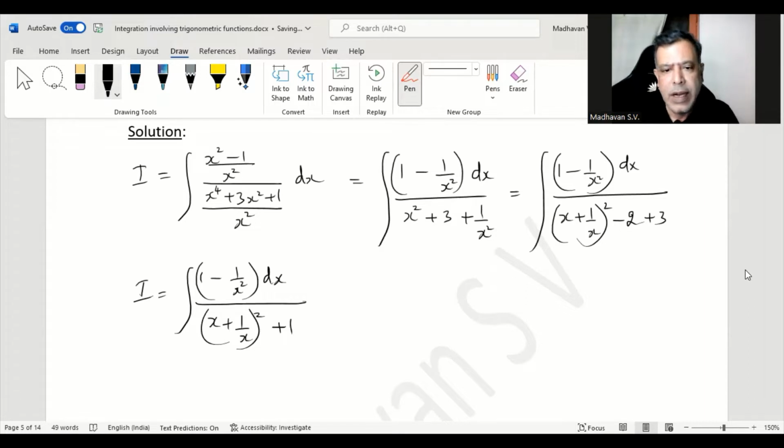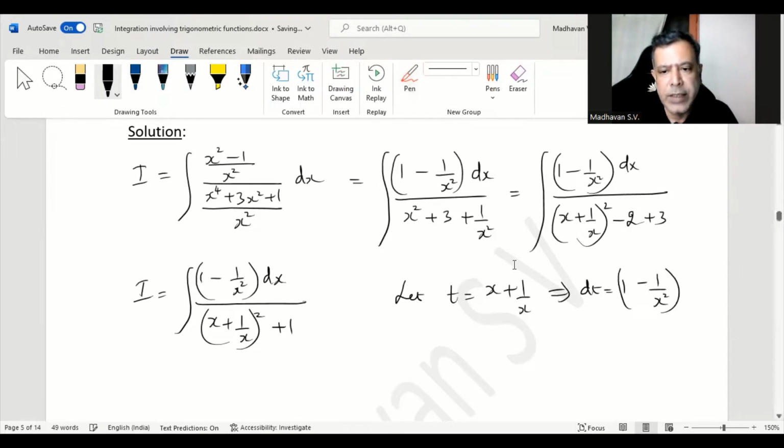Now in this, let us consider, let t equal to x plus 1 by x. That means our dt will be 1 minus 1 by x square, times dx. I mean, if I differentiate x, it is 1. If I differentiate 1 by x, it is minus 1 by x square.